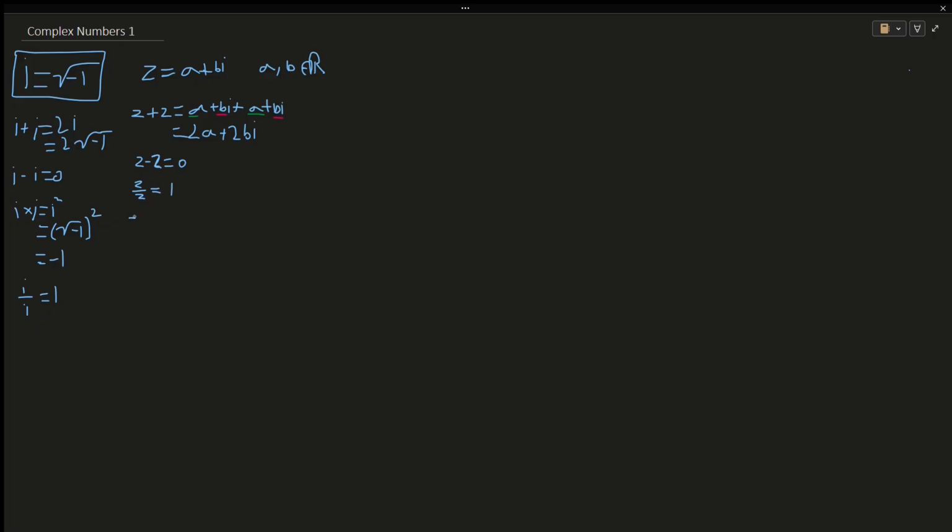But we also have z times z. This would be a plus bi times a plus bi. How we would do this is similar to how you would expand brackets when you have unknowns, right?